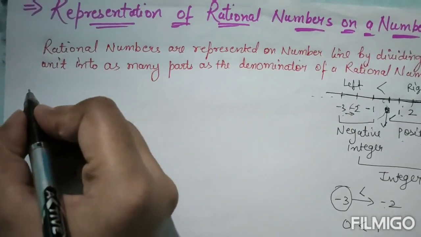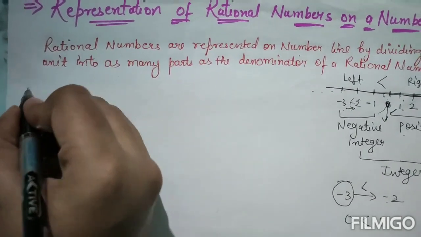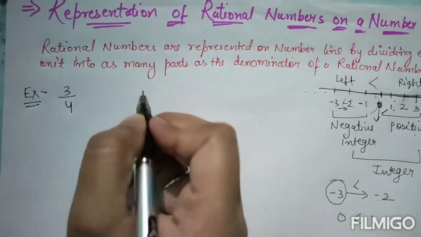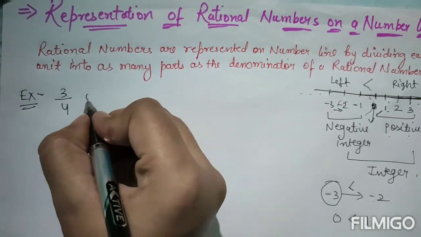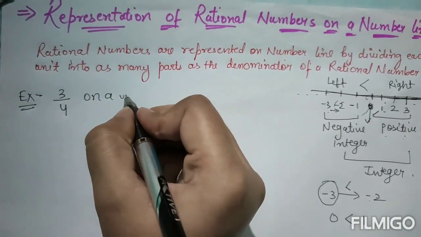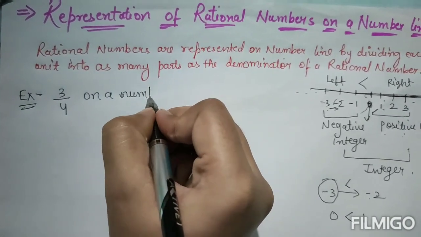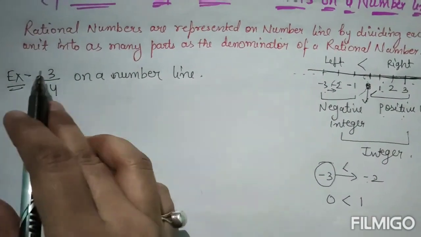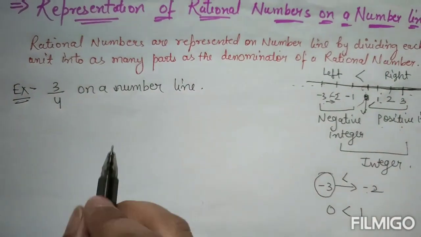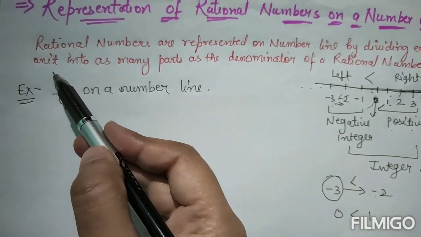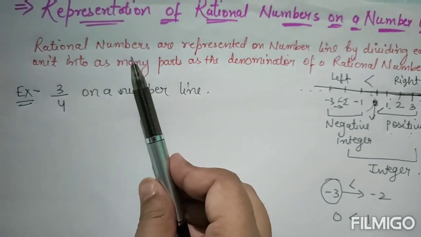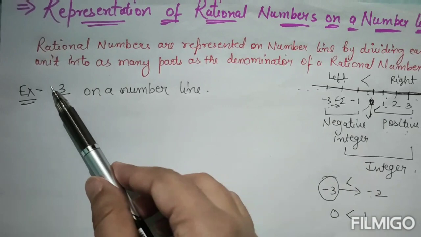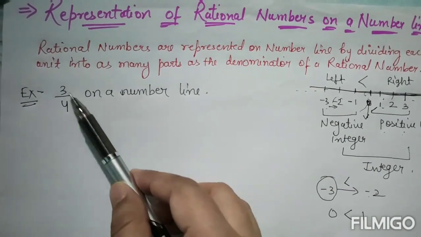Suppose I have taken a rational number. I have to represent this rational number 3/4 on a number line. First of all, look, its numerator is less than the denominator.